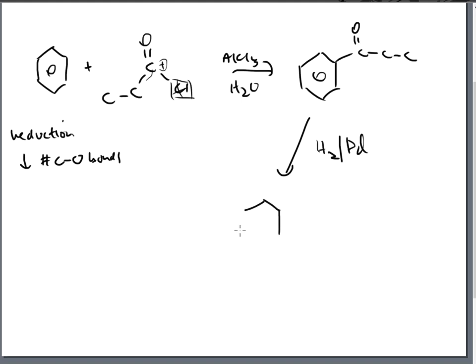So back in the day, we used this to break a double bond. It was a carbon-carbon double bond, but we used it to break a double bond. And guess what, folks? It also breaks the carbon double bond O as well. So this is one of the tricks that we have up our sleeve to get straight chain alkyl groups onto a benzene ring.